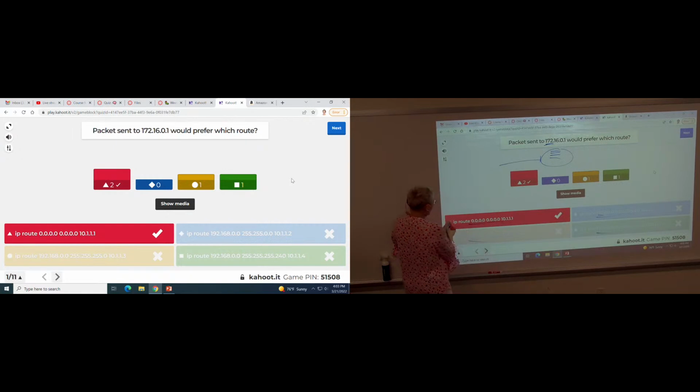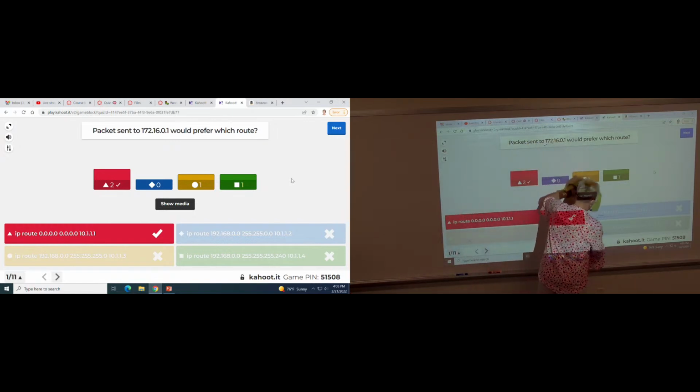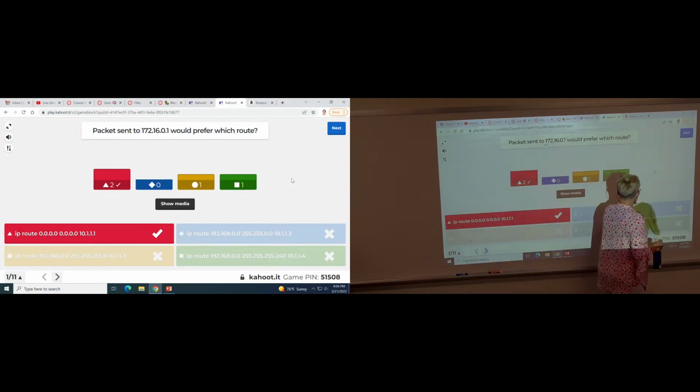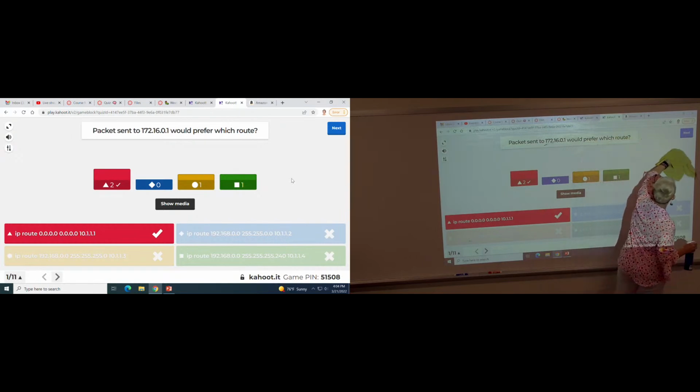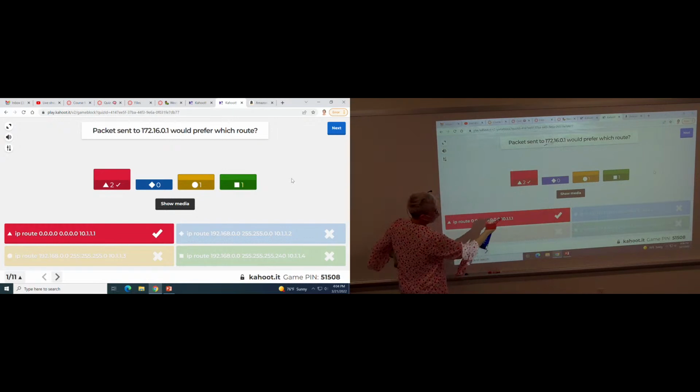So that's what makes this one the right answer, is that this 192 can't do anything at all with a 172. There's no match, right? There's no match at all. So you don't even have a match after the first octet, and we need to do at least 16, 24, or 28. So none of those match.